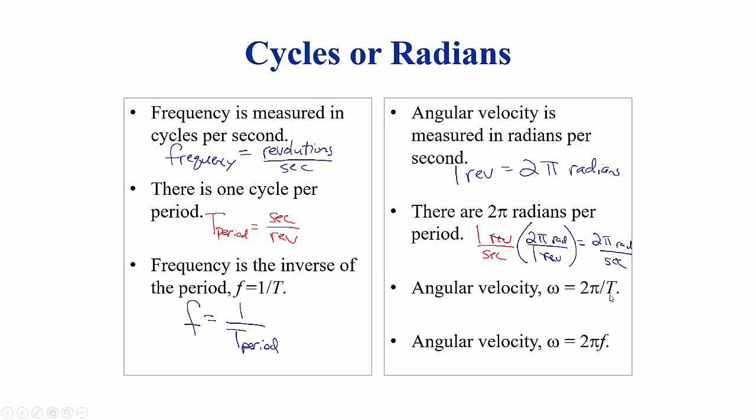This angular velocity equation is equivalent to what we had with uniform circular motion. We said that the speed in uniform circular motion was the distance, 2 pi r, over the period. Well, here the angular velocity is the angular distance that it travels, 2 pi radians, divided by the period.